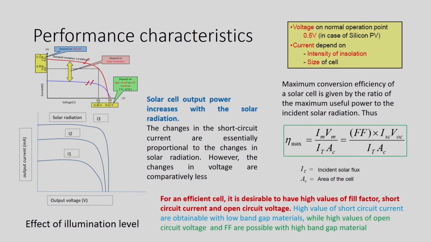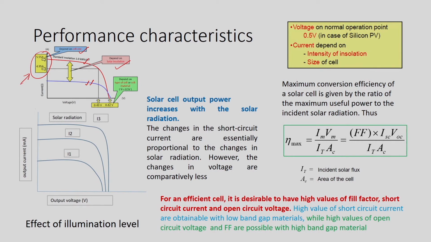Isc is dependent on the size of the solar cell and the solar insolation, that we should keep in mind. If we increase the size of the solar cell, then it is expected to get higher Isc values, and also if we increase the solar irradiation, then the Isc value can be increased.